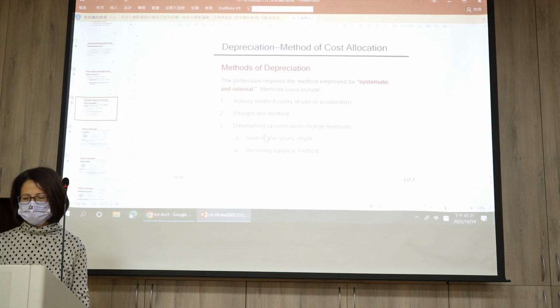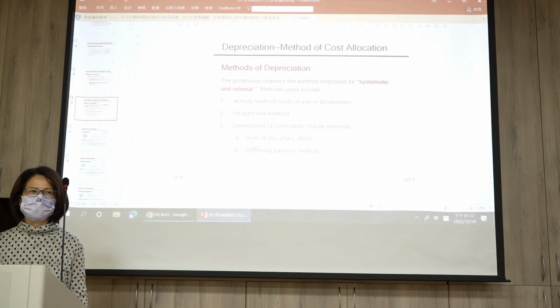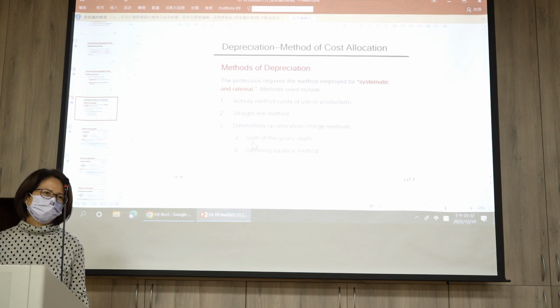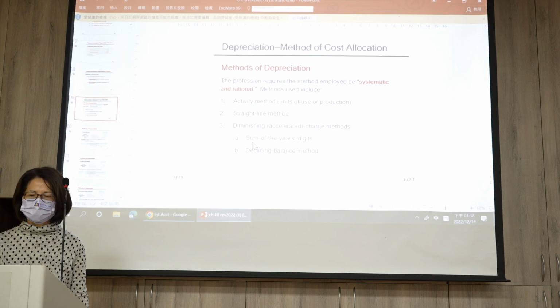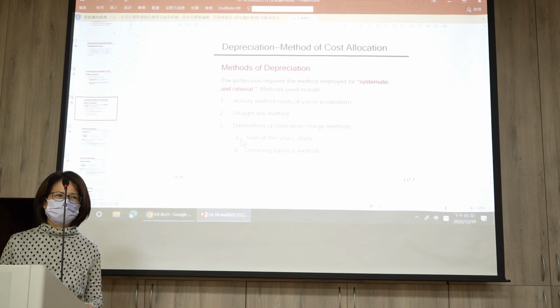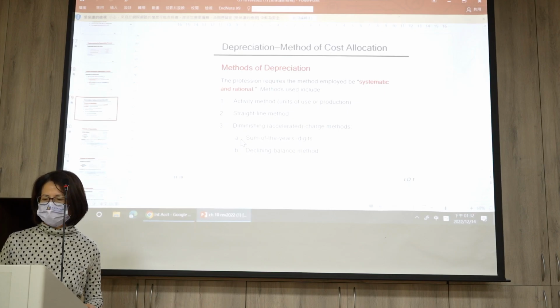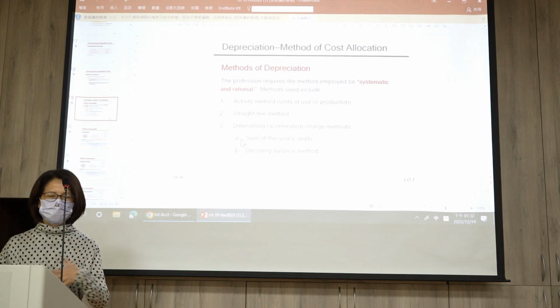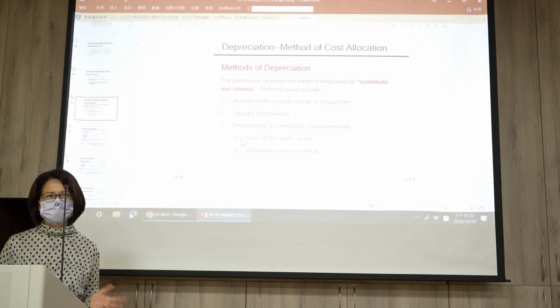okay? Diminishing is basically depreciation charged more in the earlier periods. So what method to apply? It depends on the asset's attributes. If the value is decreasing evenly, then you can apply straight line.